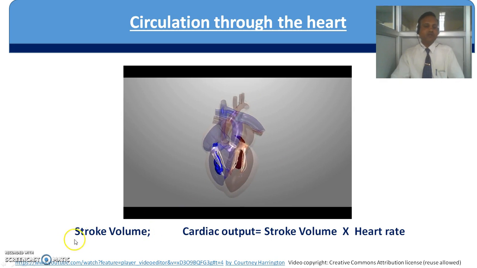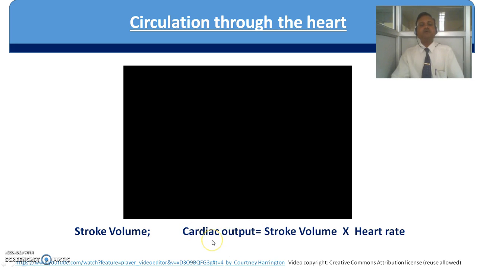Now there is a specific word used for this: stroke volume. This is the amount of blood which the left ventricle pushes into the aorta with one beat. There is another word, cardiac output, which is used to tell about the amount of blood pushed by the heart into the aorta in 1 minute.